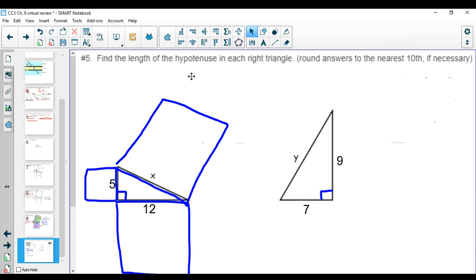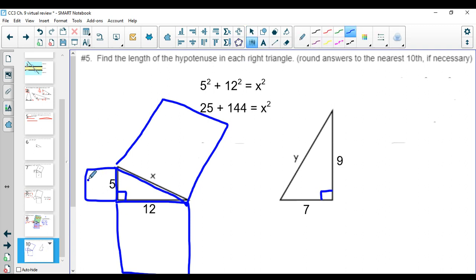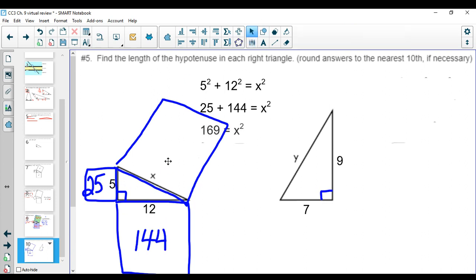So 5 squared plus 12 squared equals x squared. 5 squared is 25. If it makes more sense for you to put it in the actual squares, that's fine. 12 squared is 144. Add those two together, we get 169.